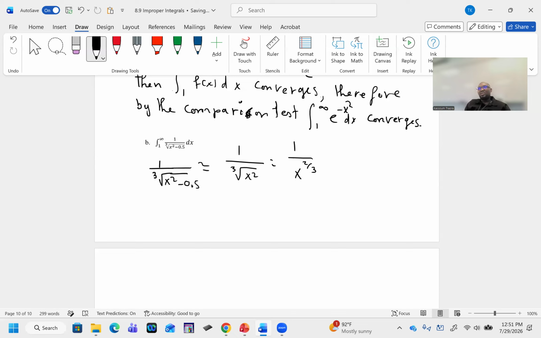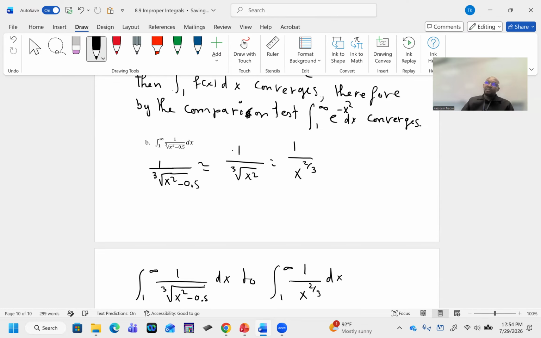So this suggests that we compare. In this case, we will be comparing our integral from 1 to infinity of 1 divided by cube root of x squared minus 0.5 dx to the integral from 1 to infinity of 1 divided by x to the power of 2/3 dx.